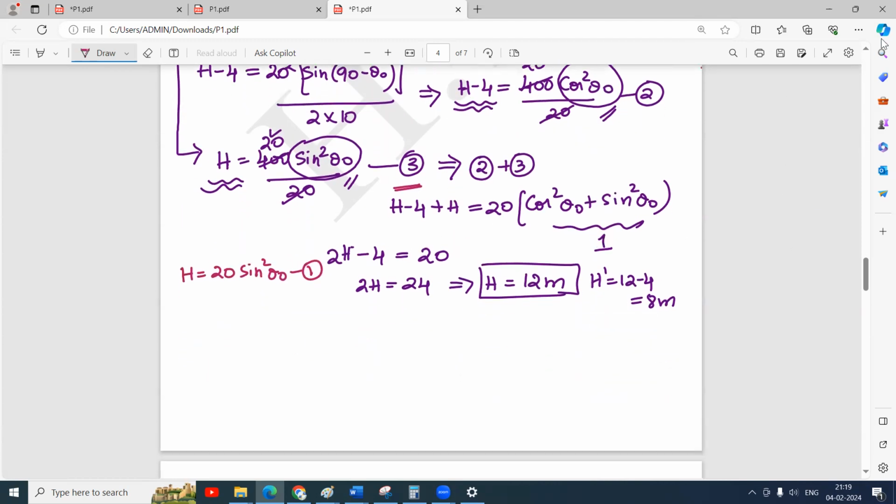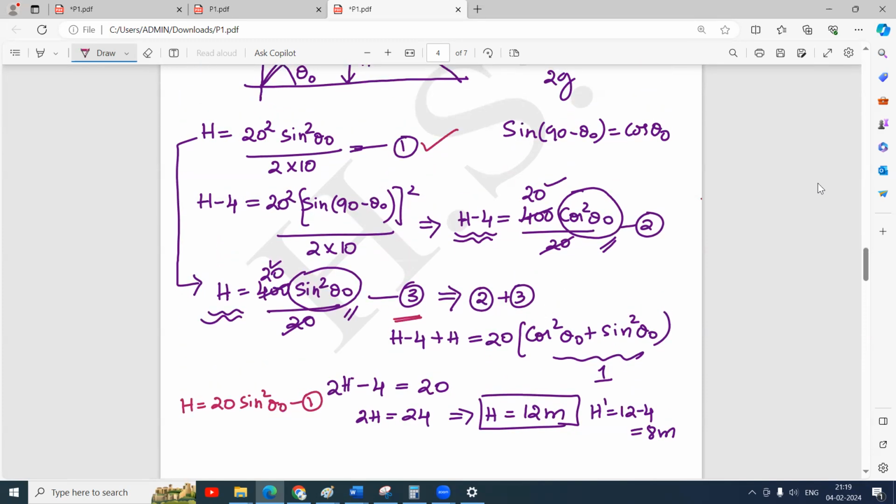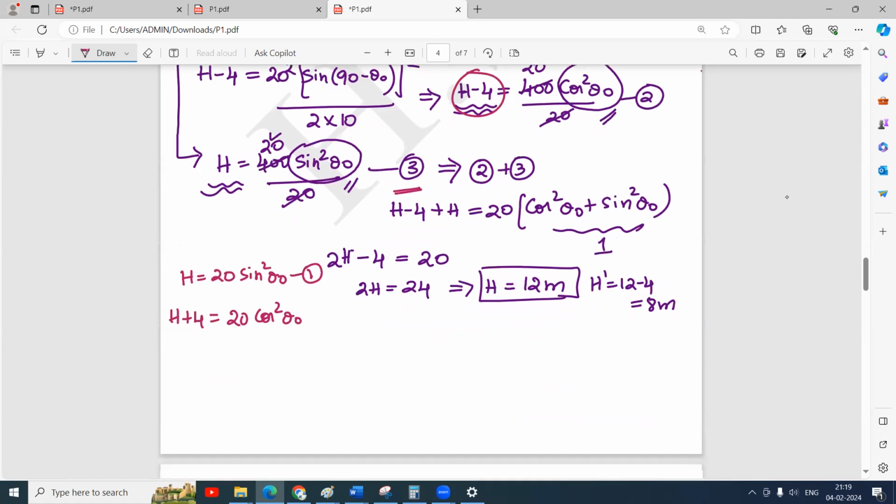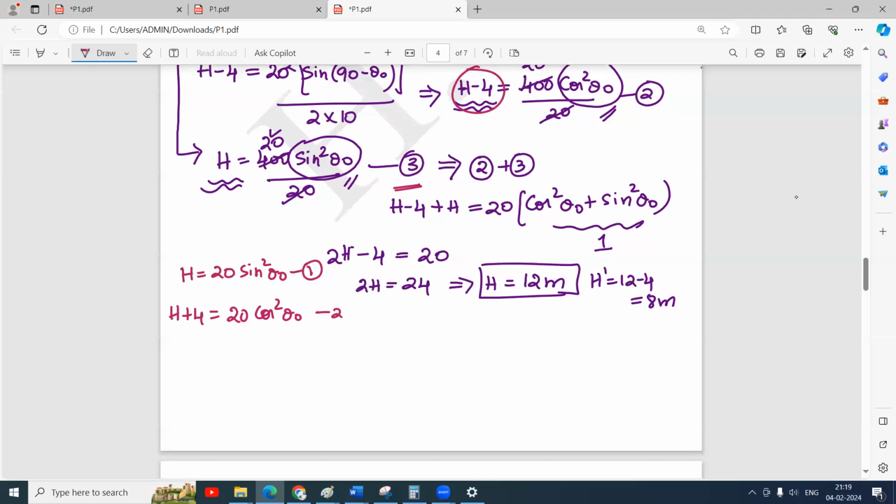Now for the second case, I'll write it is 4 meters more, h plus 4. Instead of h minus 4, it becomes h plus 4, and the remaining thing is the same, 20 cos squared theta naught. Now if you add the two equations, what will you get?